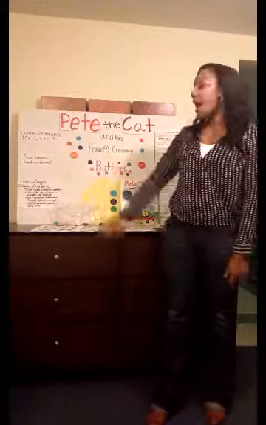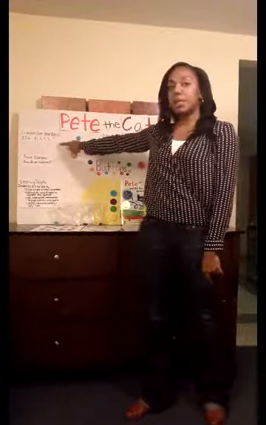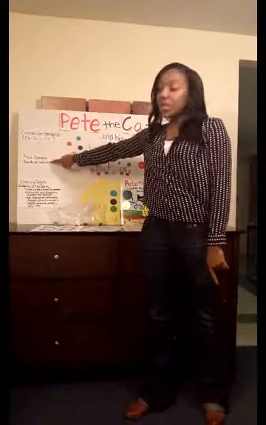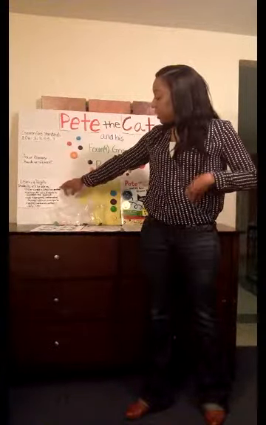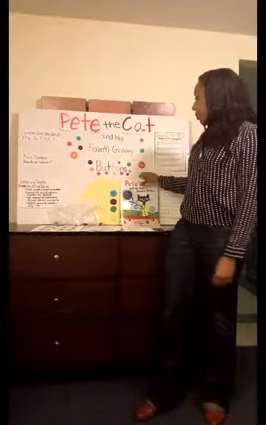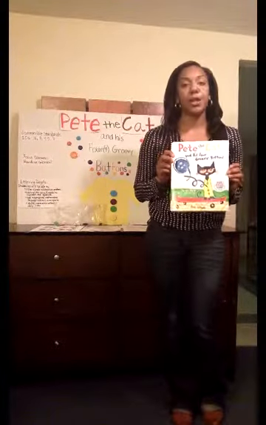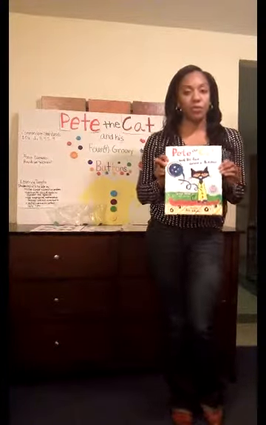Okay, on the board, I have my title posted, my Common Core standards posted, my focus question posted, my student targets. For the lesson, students will be using the text, which is a book by Eric Litwin called Pete the Cat and His Four Groovy Buttons.